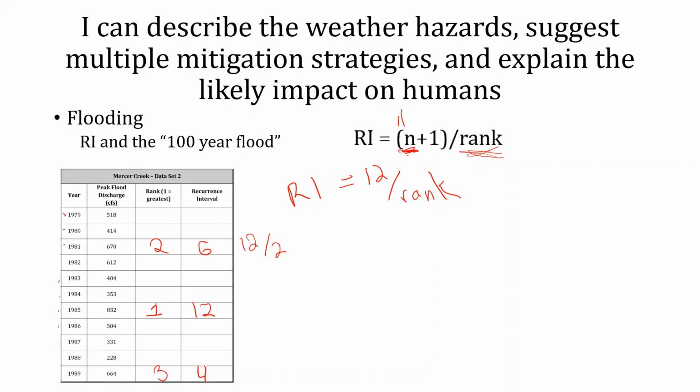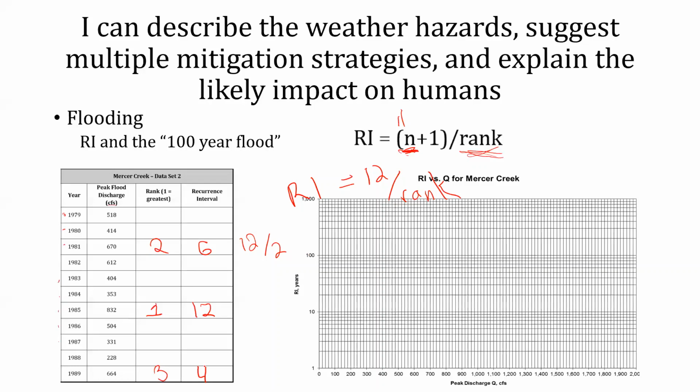The math will get slightly more difficult as we get to things that aren't perfect divisors. But you would fill out the table by just continuing that methodology. And then you would need to plot the recurrence interval on the y-axis and the discharge on the x-axis, okay?